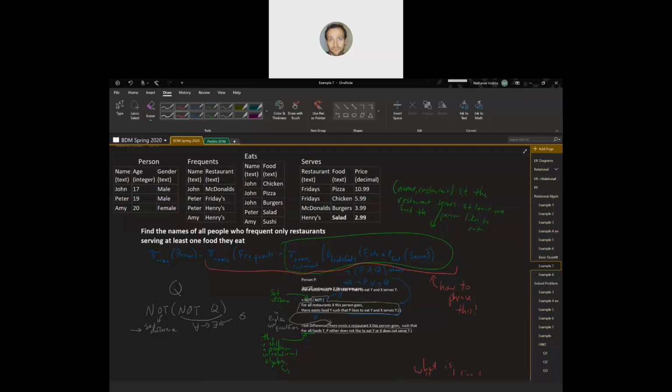Sorry, Tashar, I can't tell if you're responding to the green or the red. If the red part, not quite right.